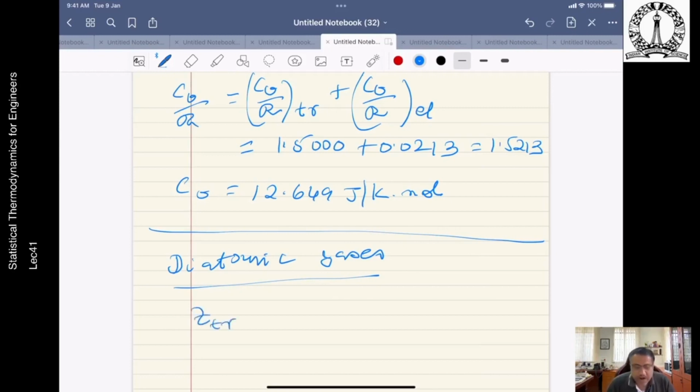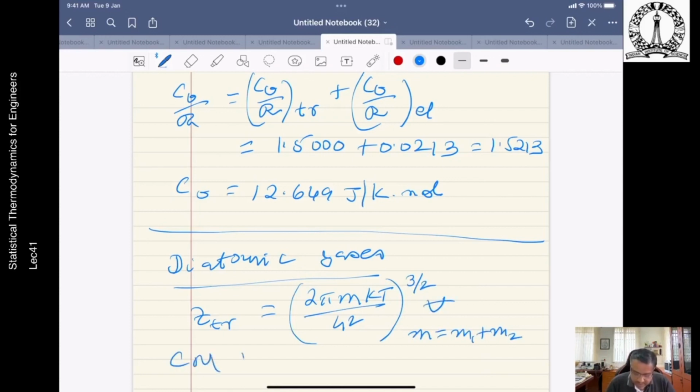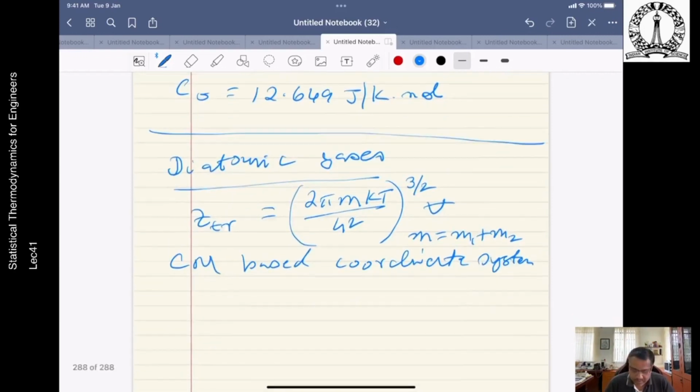So Z_TR is (2 pi m kT by h squared) to the power 3 by 2 into V, where m is equal to m1 plus m2. So this is the center of mass based coordinate system, which we already did. Now, the total mass represents both the nuclei of the chosen diatomic molecule.